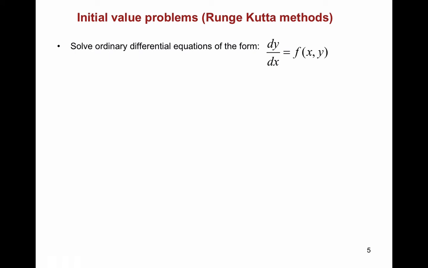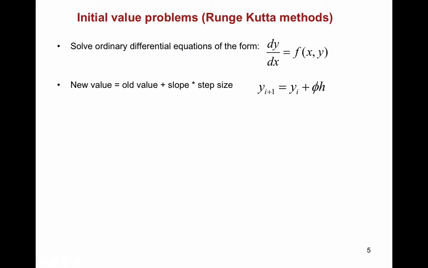As an example, let's set our notation: we're solving dy/dx equals f of x, y. The function on the right-hand side could have both the value of y, which is the function I'm looking for, and x, which is the variable in the problem. So how do I solve this? The simplest way is to iterate in some way.